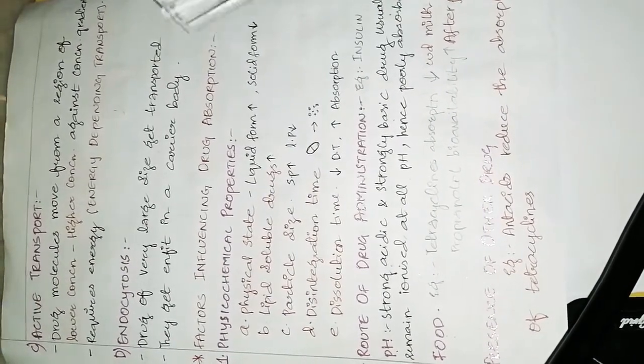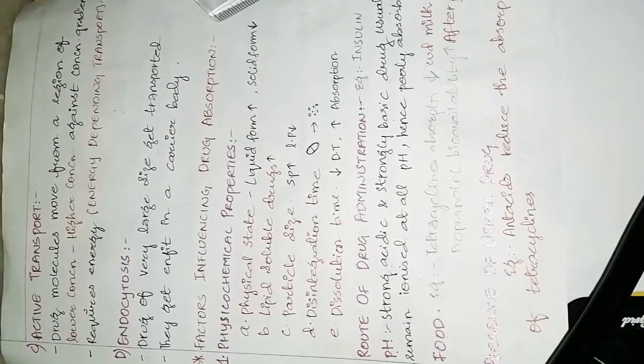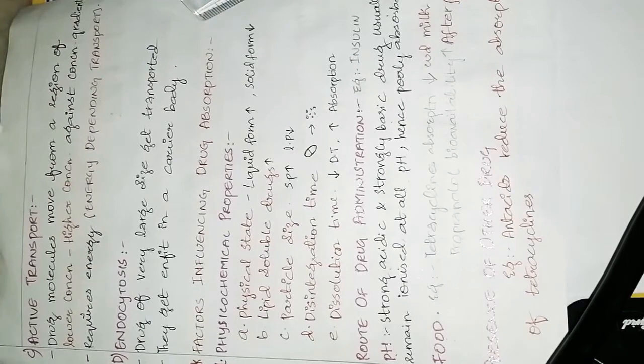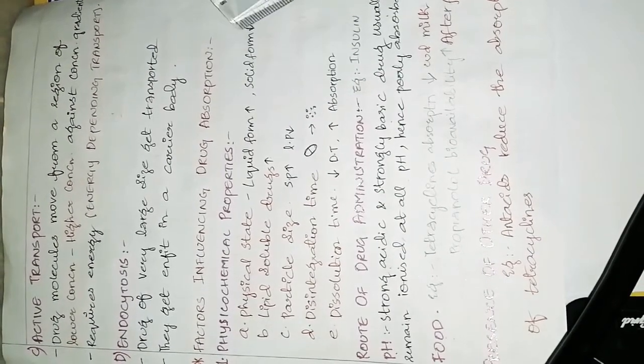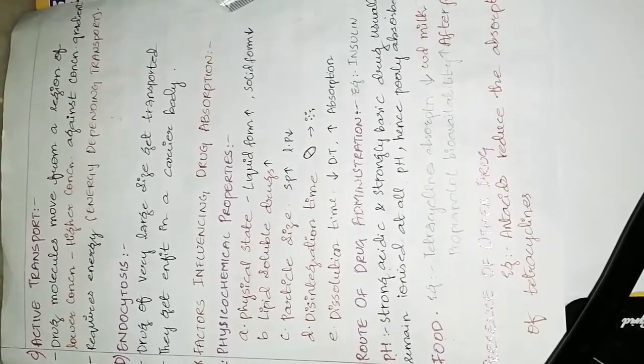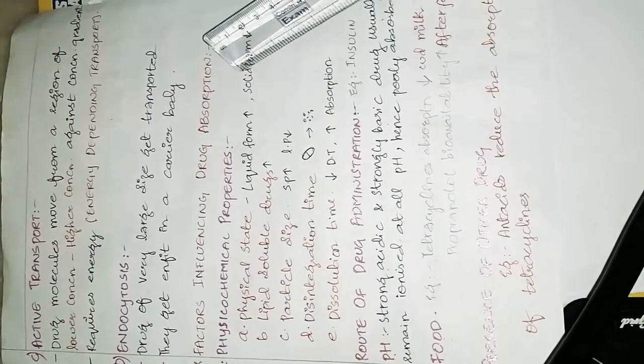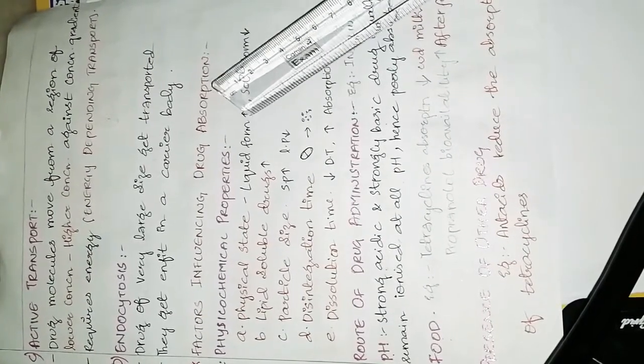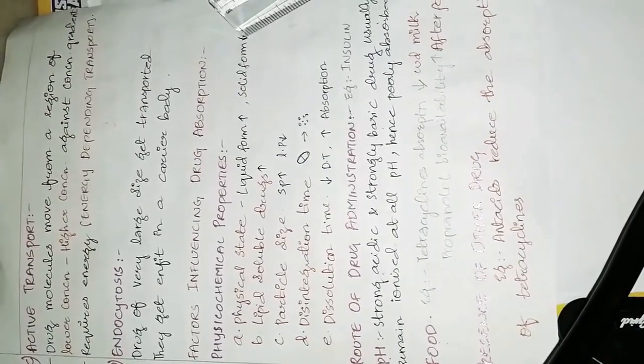Next, coming to the factors influencing drug absorption. First, physicochemical properties. In physicochemical properties, we have physical state. Liquid forms of the drug get better absorbed than the solid forms.